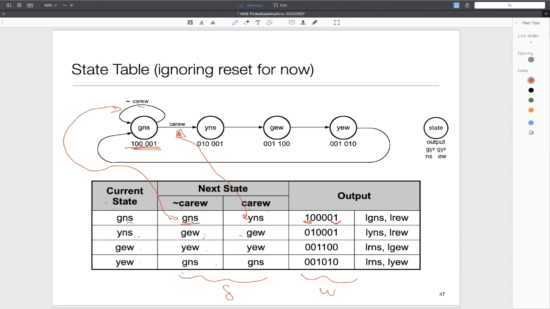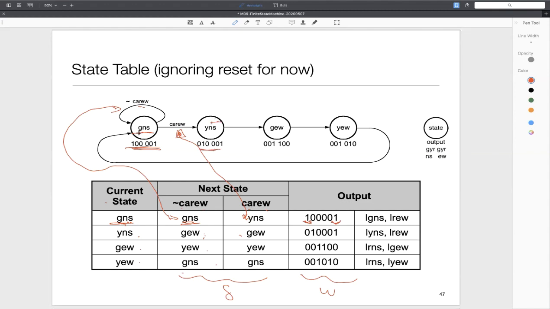Does the output not account for the fact that there are two different possibilities, given whether car east-west is true or false? Well, it's a Moore machine. If I'm in the GNS state, then the output for north-south is green and for east-west is red. There is no dependence on car east-west. But if car east-west is there, wouldn't the GNS turn to YNS? Right, but that will happen at the state transition. When you move to the state YNS, then you will have that output.